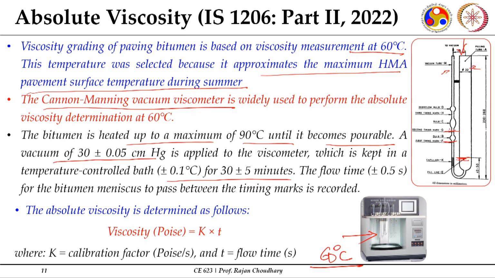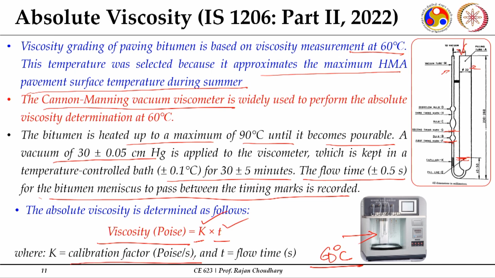For different capillary viscometer tubes, there are calibration constants. What you record is the time the bitumen takes to move from one mark to the other. The flow time for the bitumen meniscus to pass between the timing marks is recorded, and from there you get your viscosity in poise, where K is your calibration constant and T is your flow time.